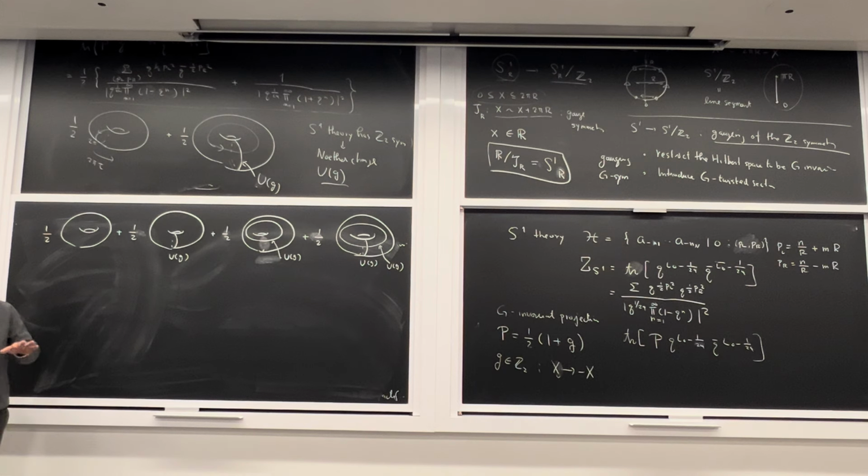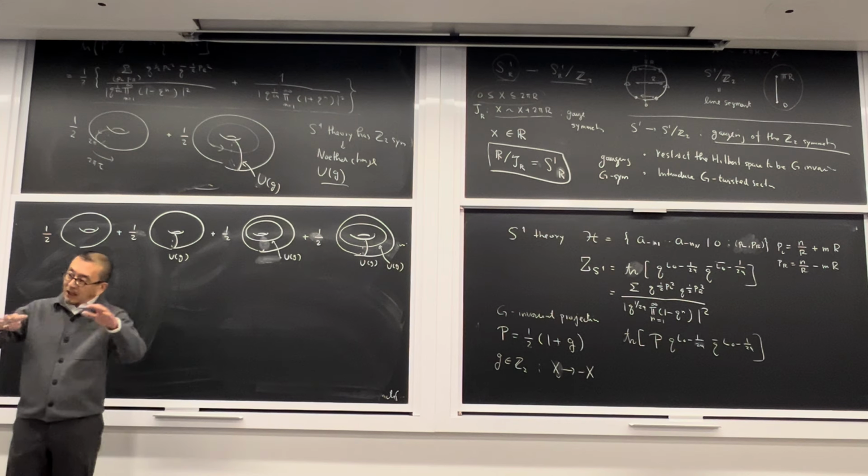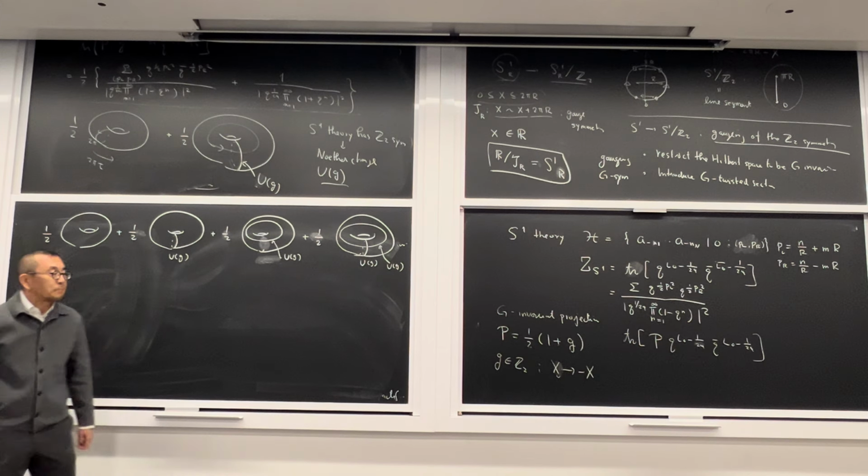And a non-trivial configuration of this gauge field corresponds to considering a non-trivial bundle structure, some vector bundle which has a non-trivial connection to it.